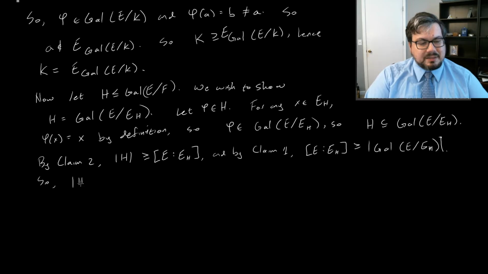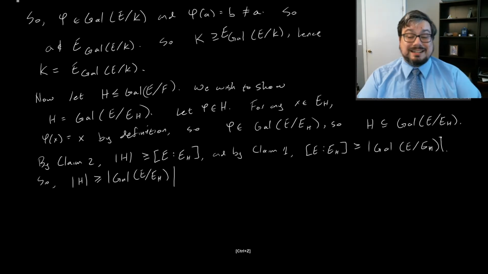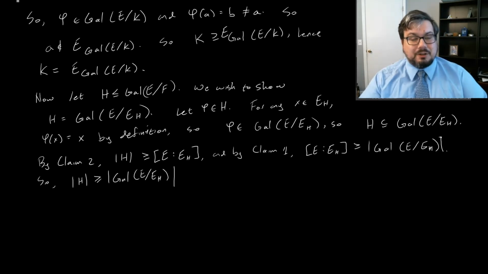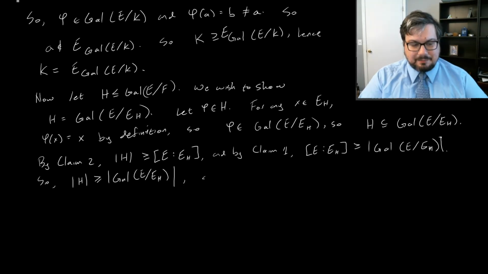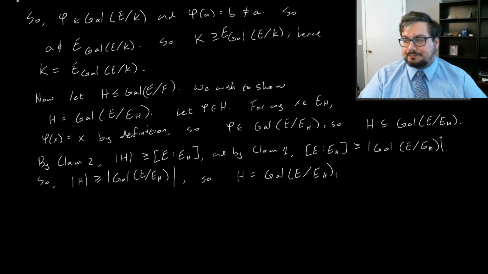So that means that the order of H is greater than or equal to the order of the Galois group of E over E^H. But we already showed that H is in fact a subset of the Galois group of E over E^H, so they must be exactly the same. So that means that H is actually equal to the Galois group of E over E^H.